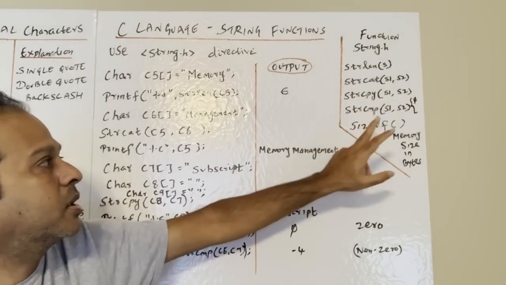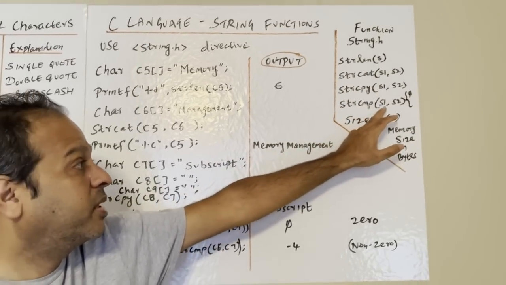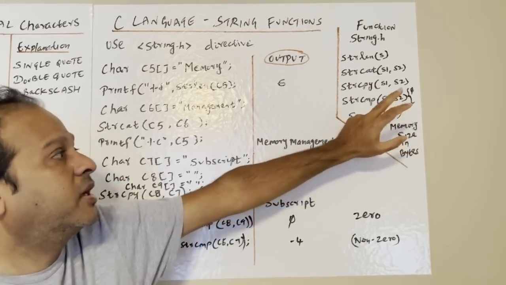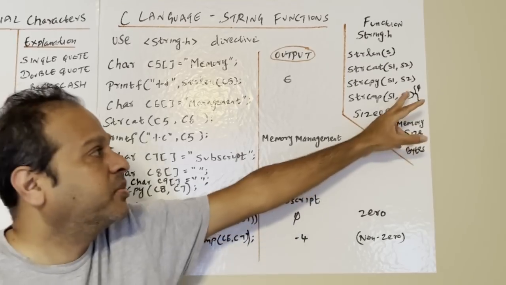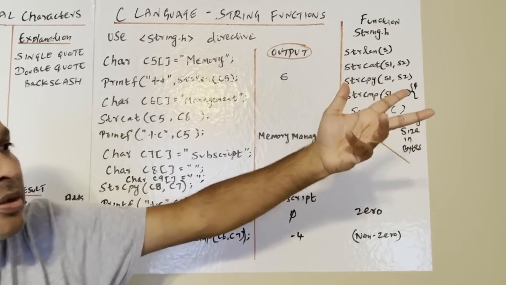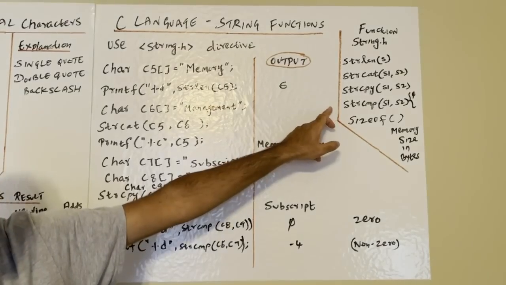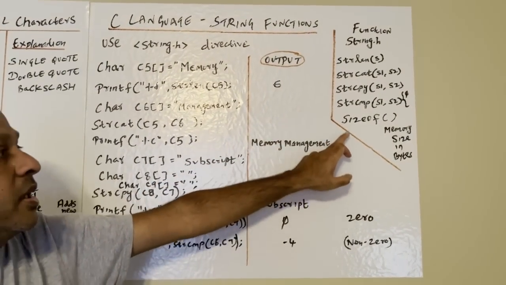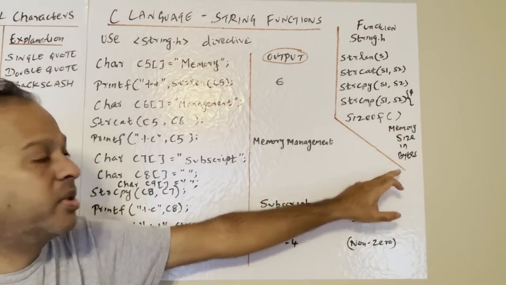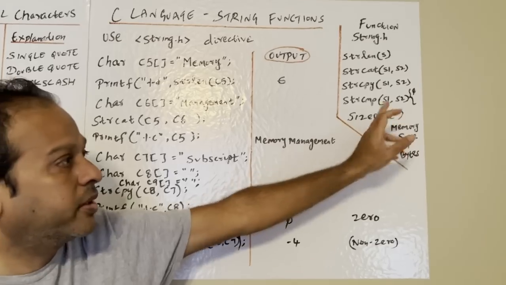Copy S2 to S1. strcmp compares these two strings S1, S2 and returns 0 if both strings are the same, or some positive or negative value if the values of S1, S2 are not the same. And there is the sizeof operator, which will give the memory size in bytes of whatever you put in there.